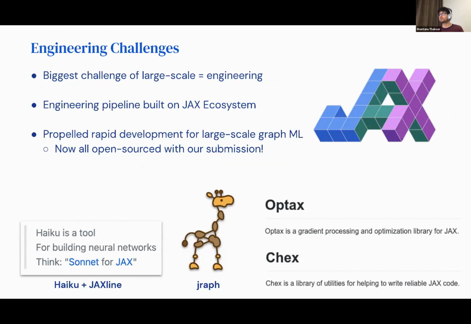And the nice thing about this is that it really forced us to make rapid progress in development of a lot of utilities for large scale GraphML. So things like batching utilities or neighborhood subsampling, things like that. And all of this has now been open sourced with our submission. So anyone in the community can really start using JAX to do their graph research.